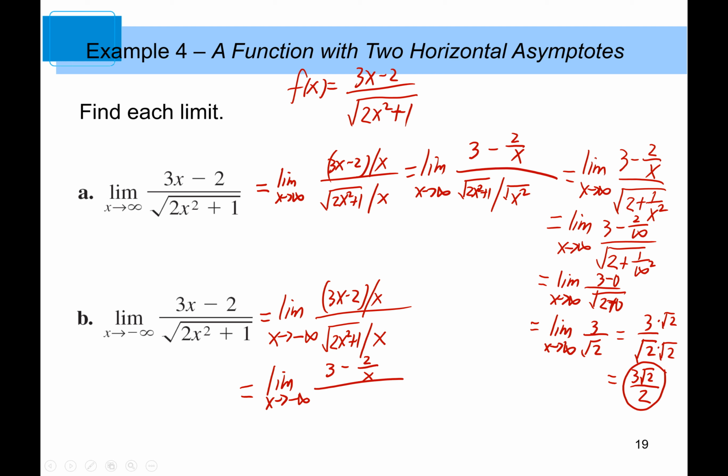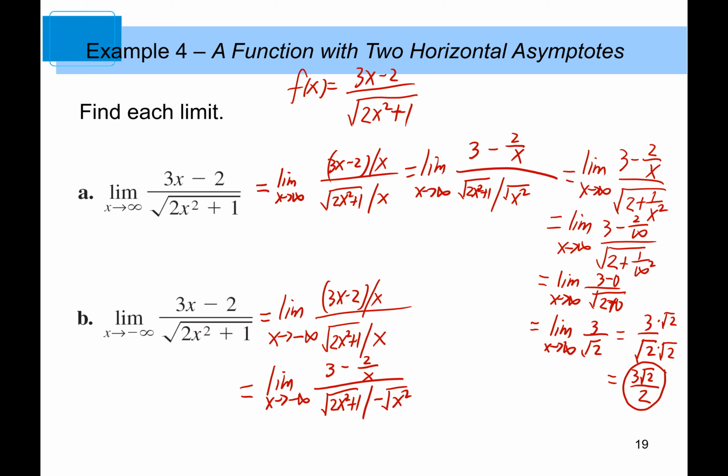But on the denominator, because x is negative, in order to guarantee it's negative, you've got to put the square root of 2x squared plus 1 over negative square root of x squared. Okay, because we're going to guarantee you end up with a negative number, right?